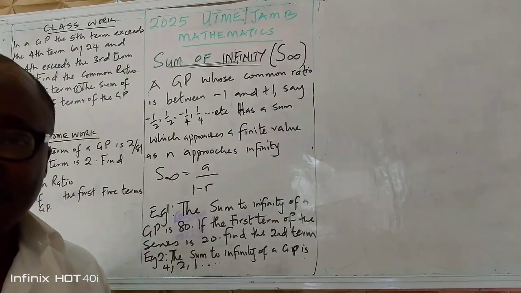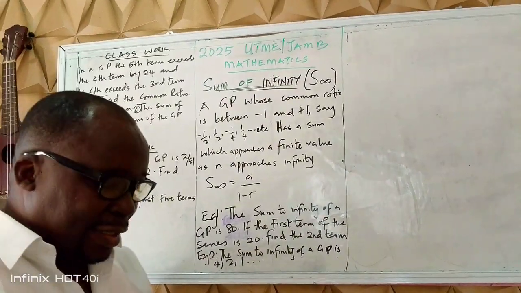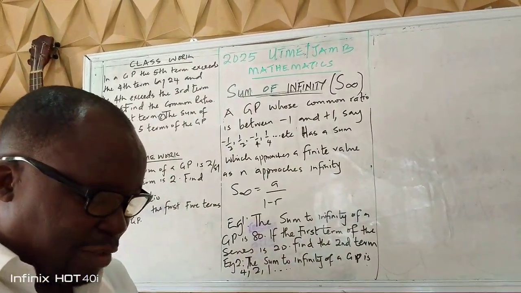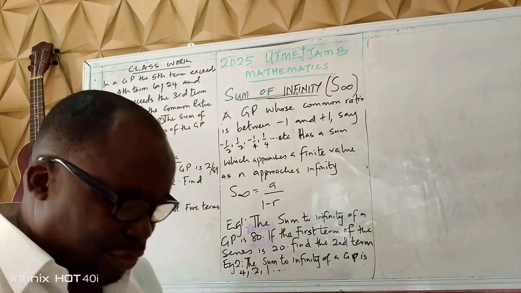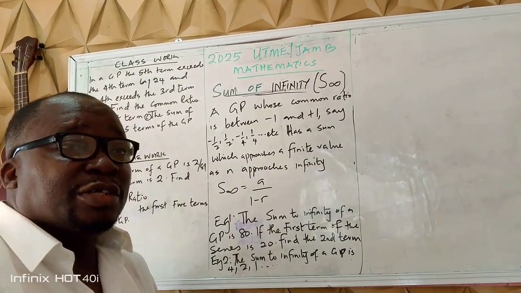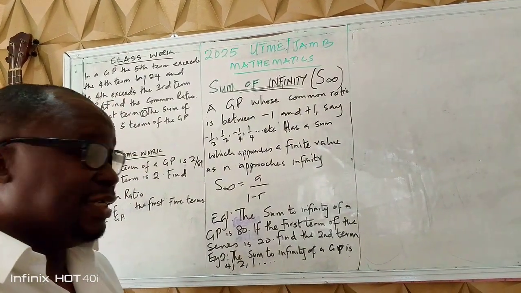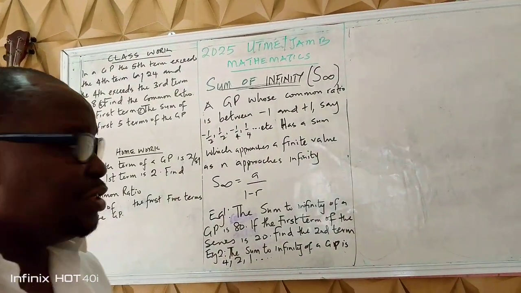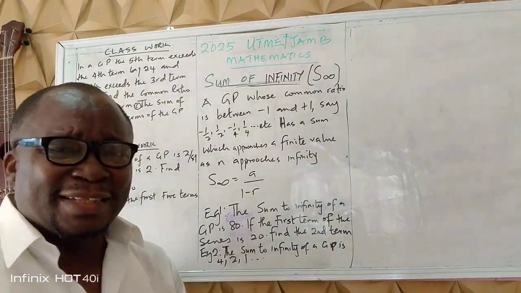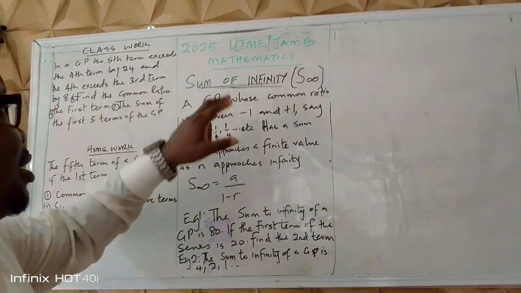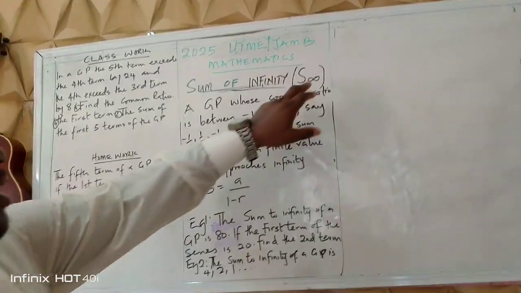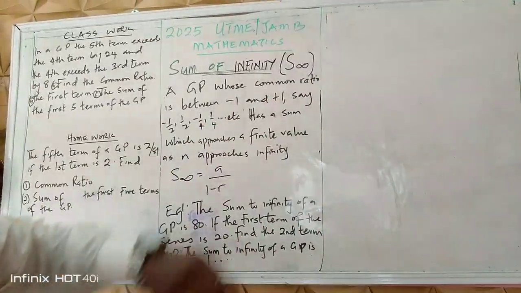Part of our sequence: when we started with arithmetic progression, AP, we went further to talk about the sum of AP. We did GP, the sum of GP, and now we're taking a very large part in that topic, which is the sum to infinity, represented by S infinity.